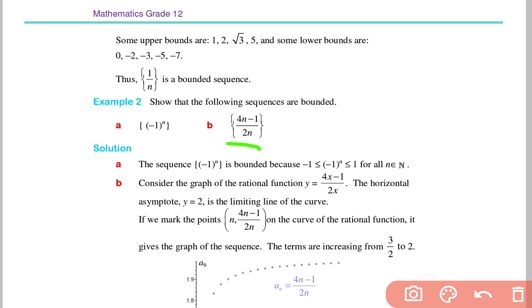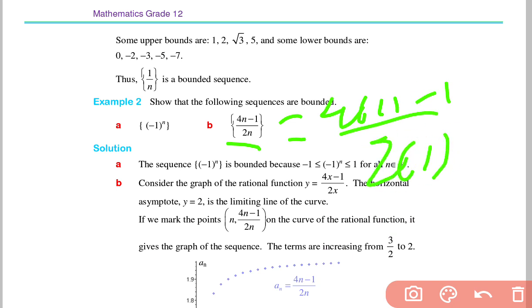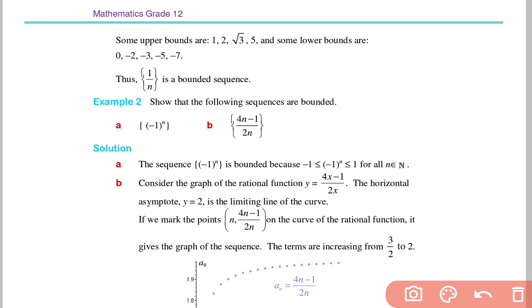The next sequence is (4n - 1) over 2n. Let's plug in numbers. For n = 1: 4 minus 1 is 3, 2 times 1 is 2, so 3 over 2. For n = 2: 2 times 4 is 8, 8 minus 1 is 7, denominator 2 times 2 is 4, so 7 over 4.